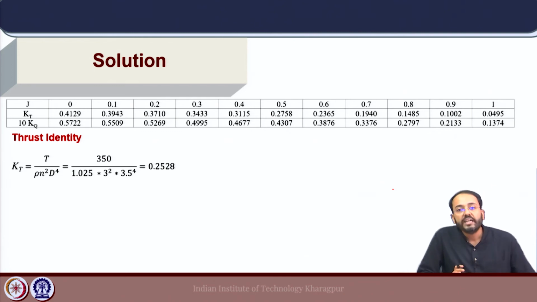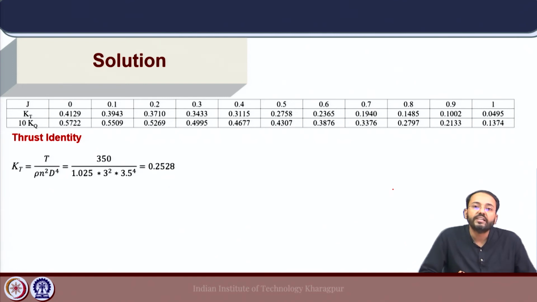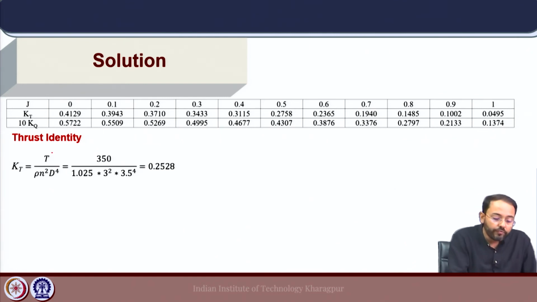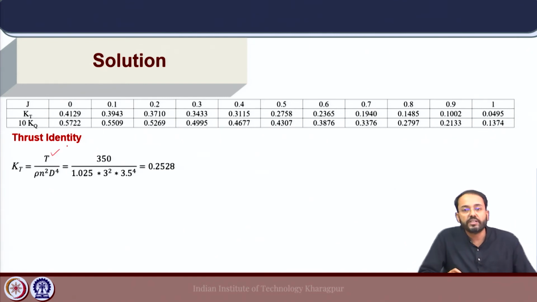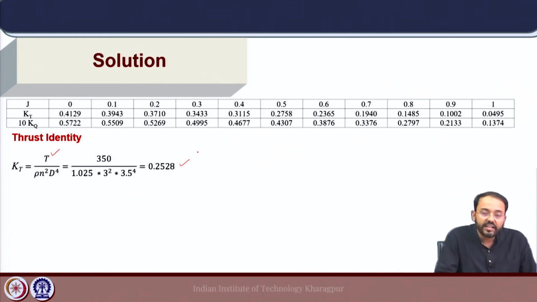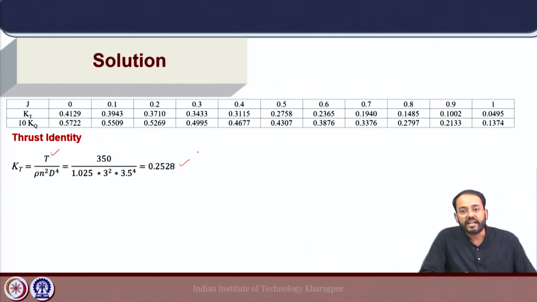So, if we apply thrust identity, the first step will be to calculate the thrust coefficient. From the given value of thrust for the propeller, we can calculate the thrust coefficient based on the diameter and RPM, and we get the value of Kt.